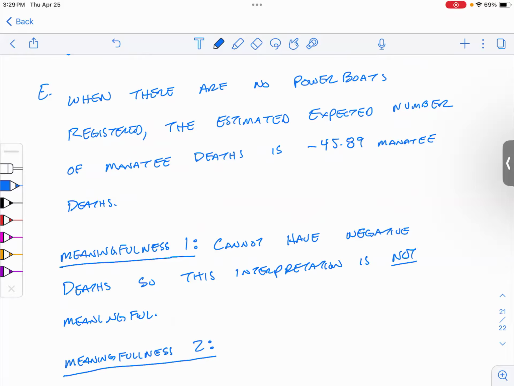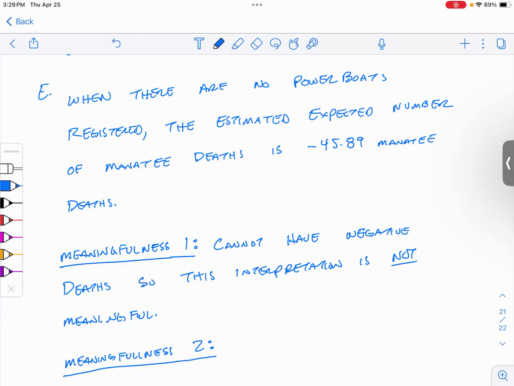It's growing. So this does make sense if I think of negative death as births or life. And it doesn't matter how you think about it, as long as you explain it.